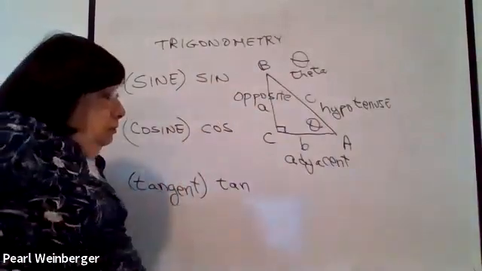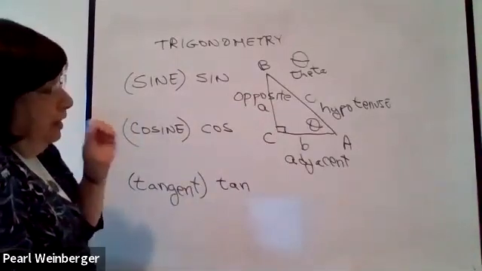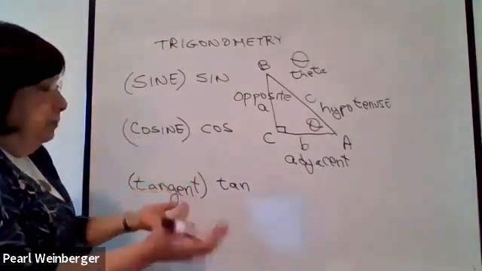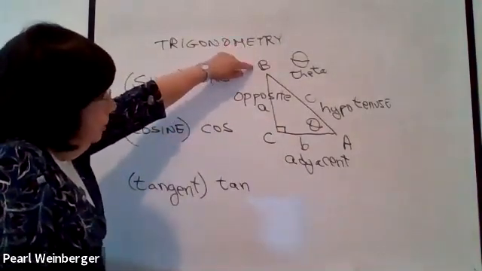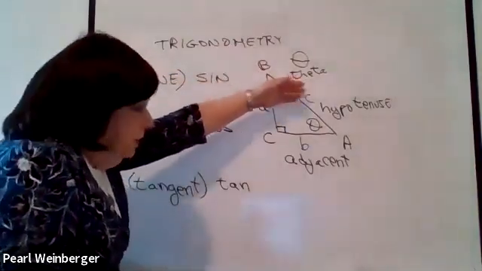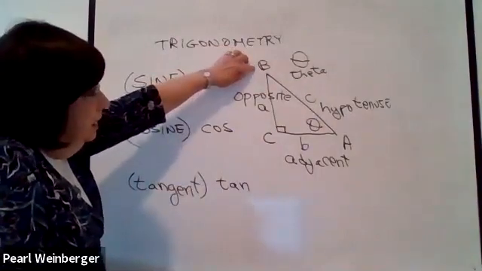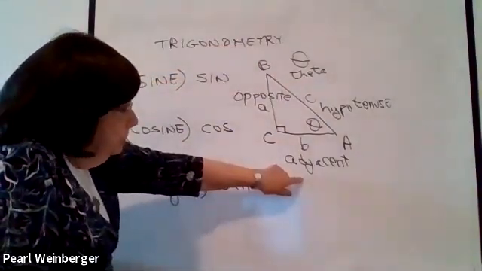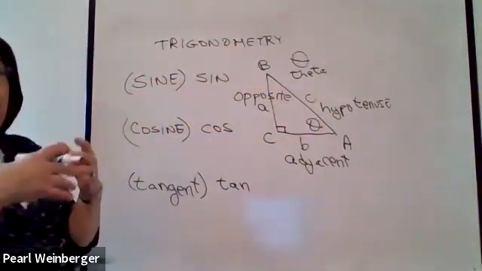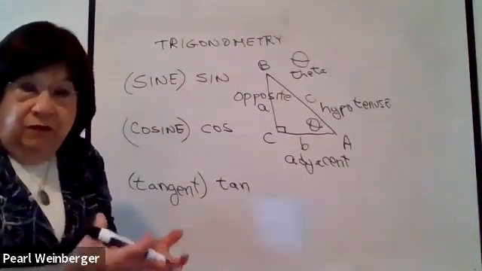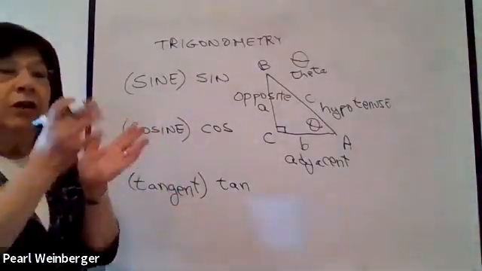Now, if you notice, I have to tell you what angle I am looking at before I can tell you which is opposite and adjacent. Because if I was looking from the perspective of angle B, well, C would still be the hypotenuse because that's right across from the right angle. But in terms of B, this side would be the opposite and this side would be the adjacent. So whenever I talk about finding something like the sine of an angle, I can't just say find sine. I have to say sine of what?